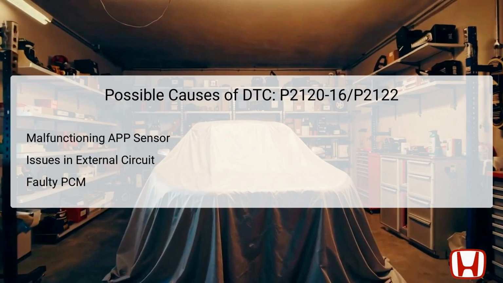This includes wiring or connections that may be damaged or exhibit faults, affecting the overall voltage output. Finally, if the inspection of both the APP sensor and the external circuit shows normal findings, the PCM itself may be at fault. Technicians must verify each component systematically to isolate the root cause of the problem.